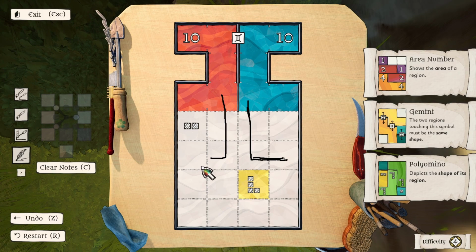So what if it doesn't take that? That'll be a problem. That is a big problem. Ooh, okay.